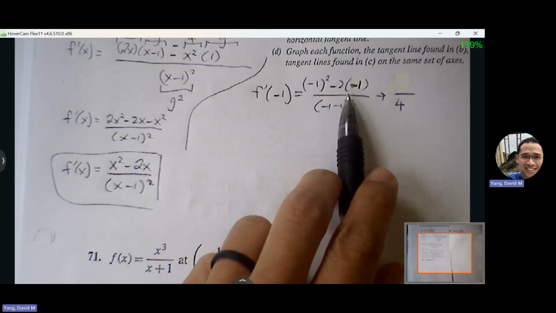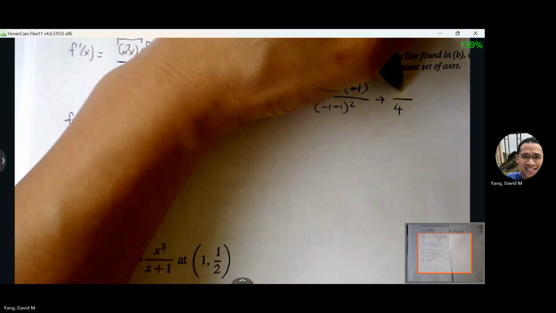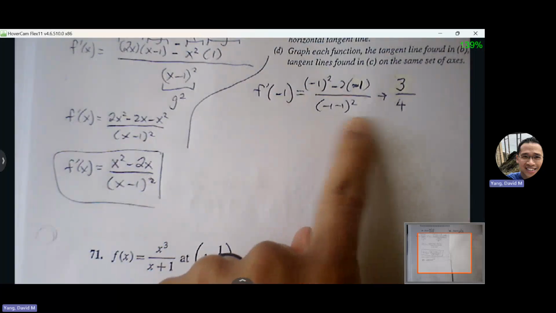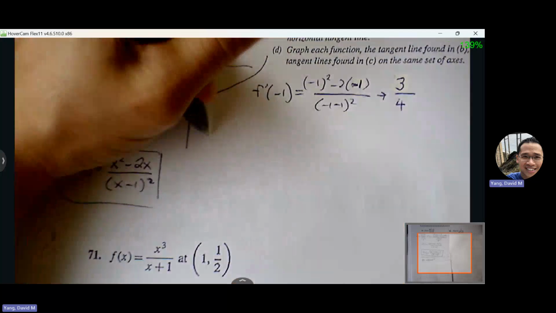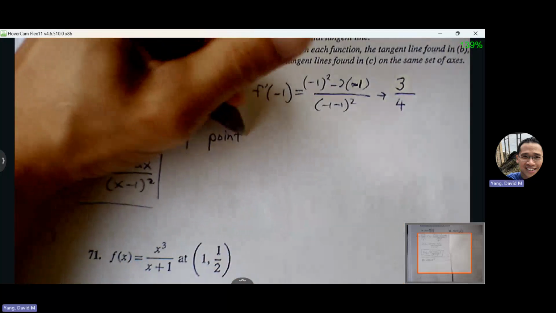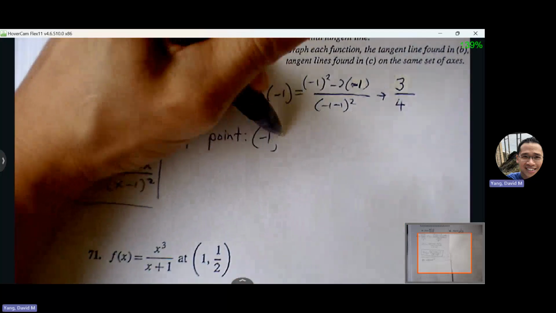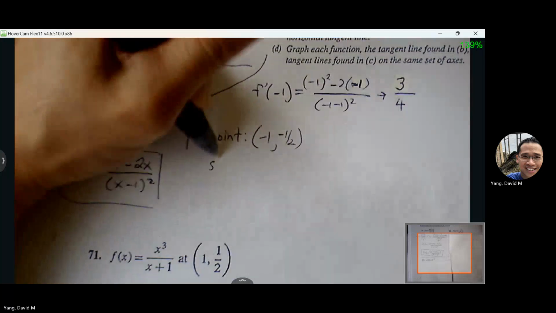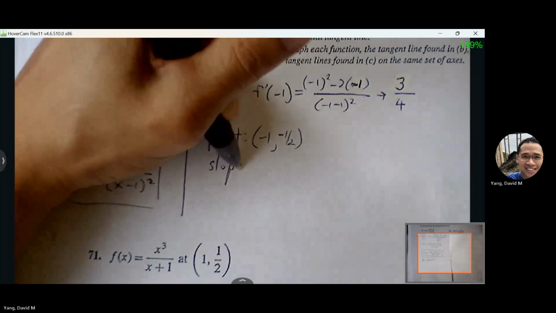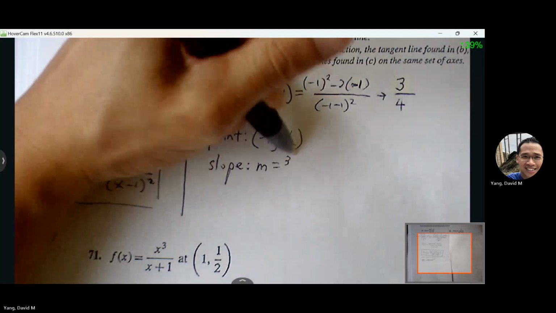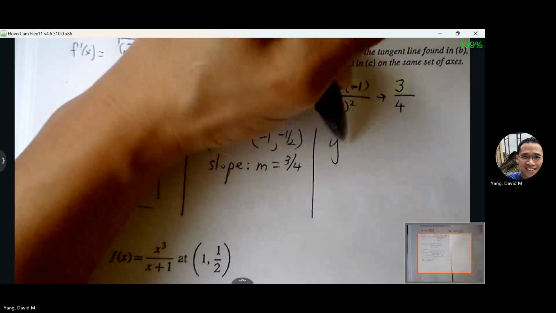Okay, 1 plus 2 is 3. -2 squared is 4. So there's my slope. So let me gather my information here. Point slope form.